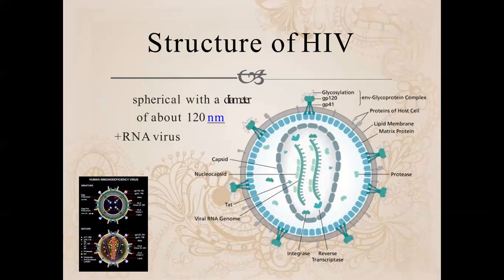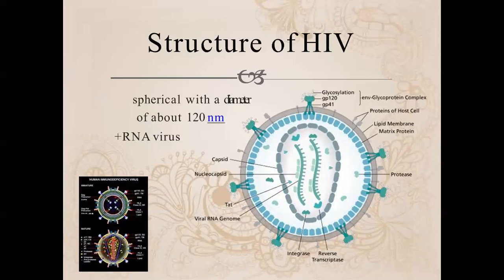Then it has proteins of the host cell, a lipid membrane, a matrix protein, a protease, a reverse transcriptase, an integrase, and then TAT and the viral RNA genome.